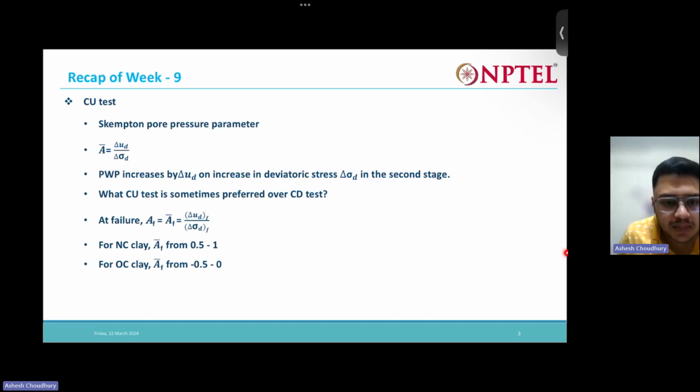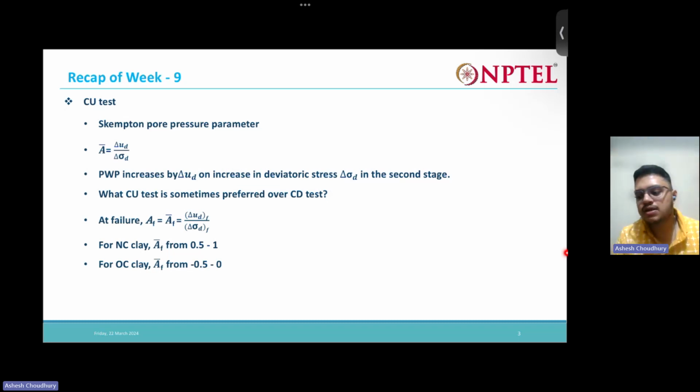So why is the CU test sometimes preferred over the CD test? Because in the CD test the shearing stage is a drained shearing stage. There we need to apply the load very slowly so that excess pore water pressure does not develop. So that's why the test is very slow. That's why sometimes we prefer the CU test instead, which is much faster than the CD test.